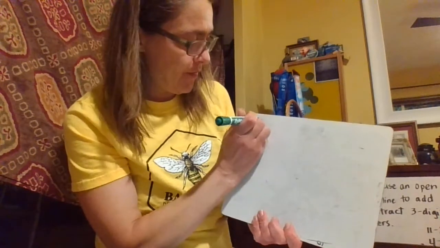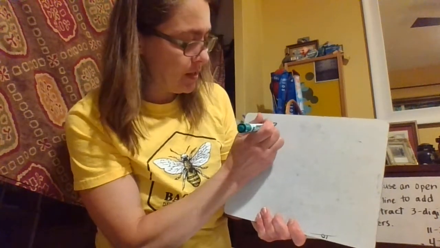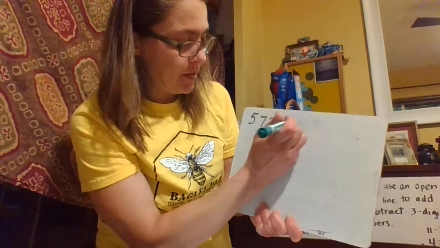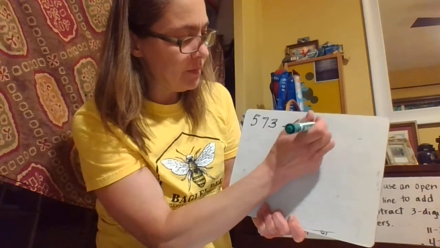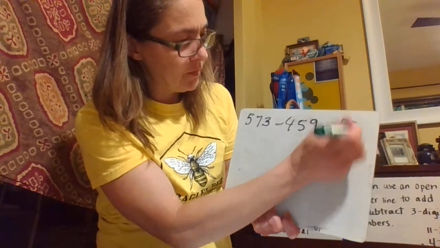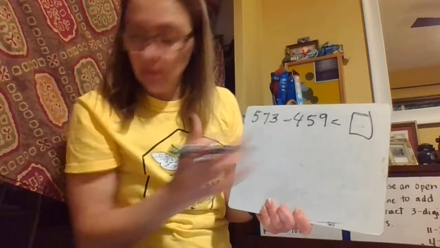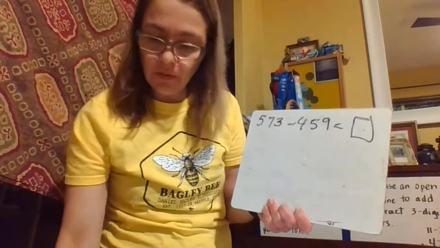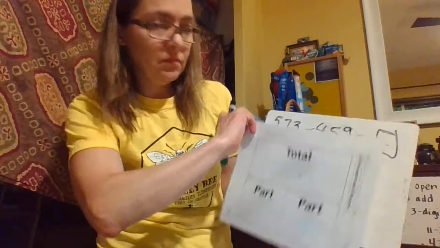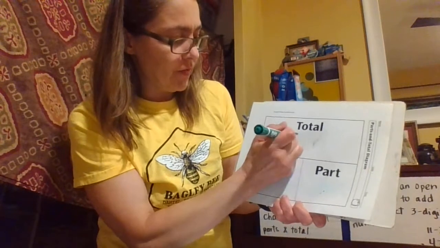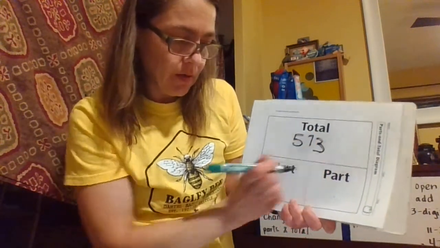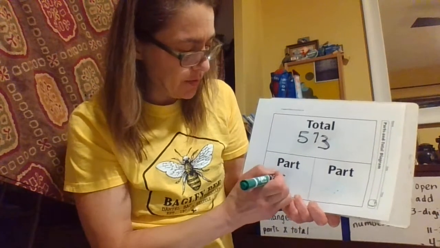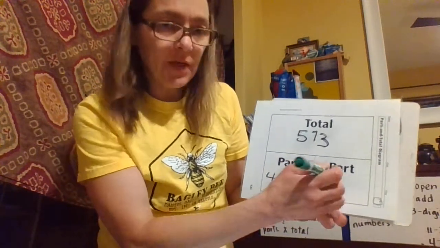So if we have 573 minus 459, we can turn it around by putting it into the parts and total. And the total is 573, and one of the parts is 459. So we're looking for this part.